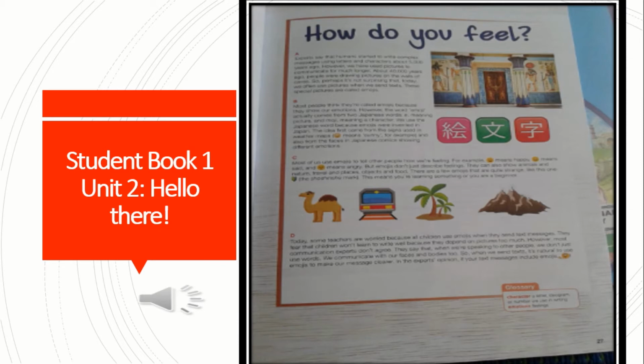Experts say that humans started to write complex messages using letters and characters about 5,000 years ago. However, we have used pictures to communicate for much longer. About 40,000 years ago, people were drawing pictures on the walls of caves.